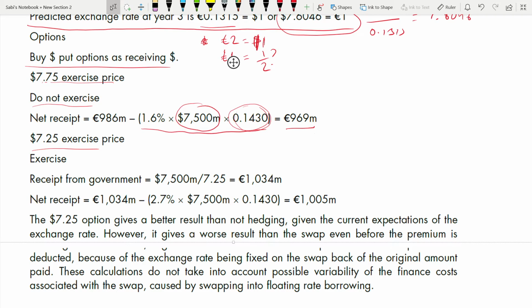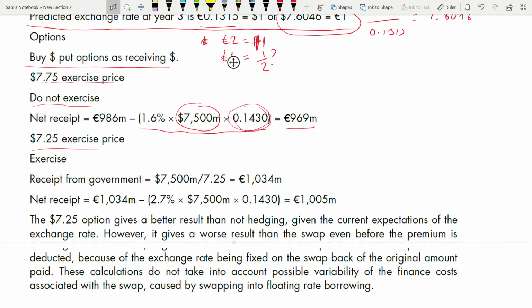There could be chances that you could exercise the option using both the prices also, right? But I have never seen a question where they give an option and you don't have to exercise the option at all. They will not ask such stupid questions, because otherwise what's the point of giving you options if you don't have to exercise that option? So at least one option you have to exercise.